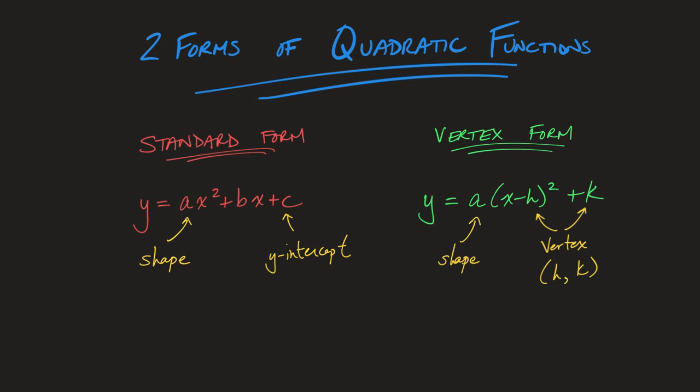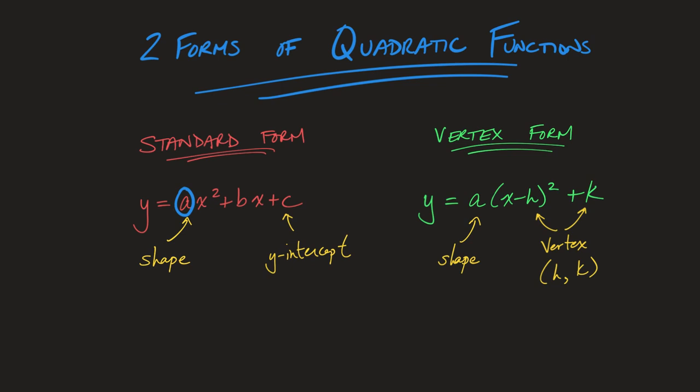Now, what is standard form useful for? Well, you'll notice what I put in gold. We can still see the lead coefficient on our x squared, and we denote that with an a. That's going to represent the shape of my parabola. So that could end up being a steeper parabola, a flatter parabola, or our normal shape.